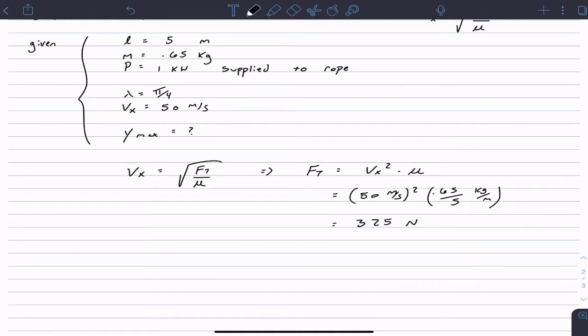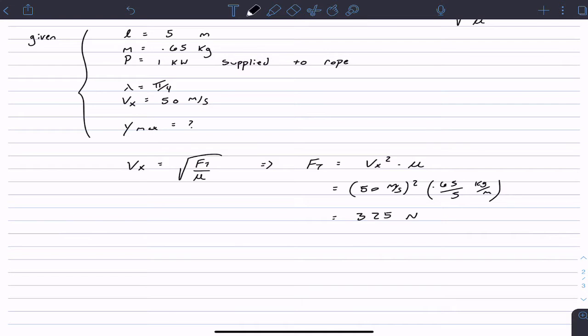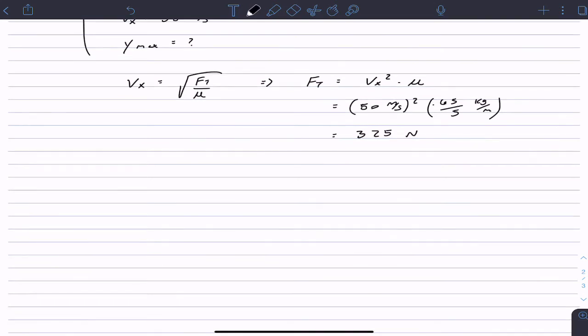So we're told that the power that is supplied to the rope as well. The power is 1 kilowatt, right? So what we can do is we need to find our equations for intensity and power, because those are related. So here we have an intensity.